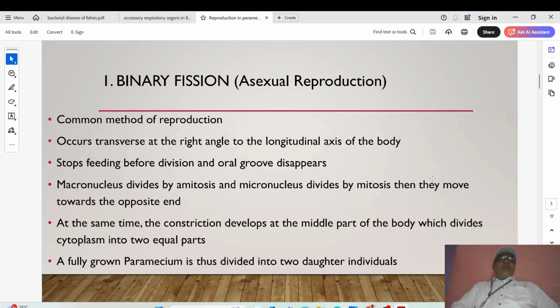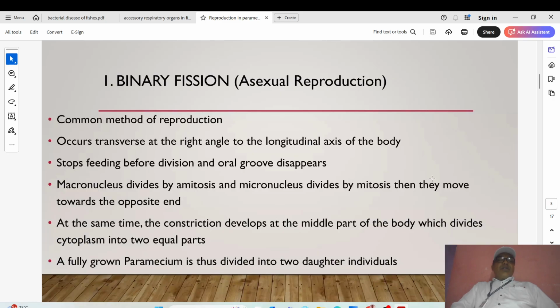First of all, we will see binary fission. It is asexual reproduction and the common method of reproduction. This type of reproduction occurs under conditions where the number of individuals is low and the food content in the water body is very large.